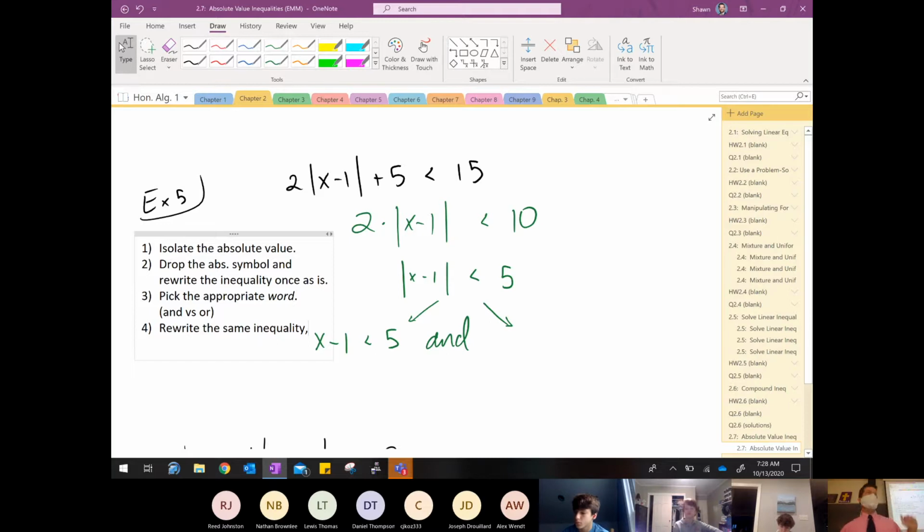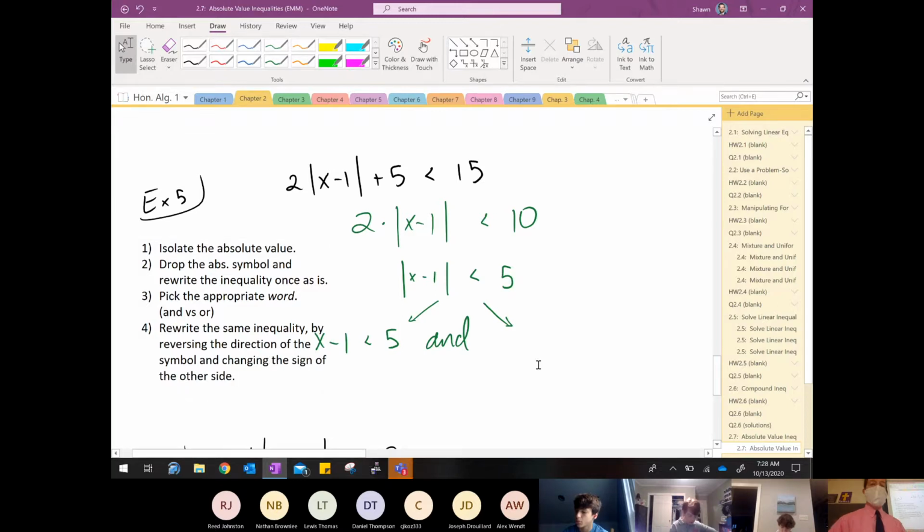I'm going to reverse the direction of the inequality, and I'm going to change the sign of the other side. Rewrite the same inequality by reversing the direction of the symbol and changing the sign of the other side. I know that's a little bit wordy, sorry for that, but here's what it would look like. We're just going to have x minus 1 is greater than negative 5.